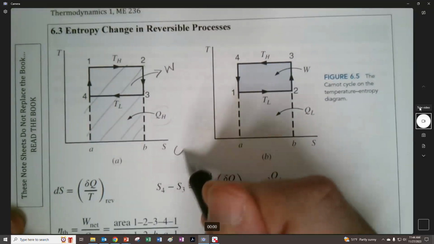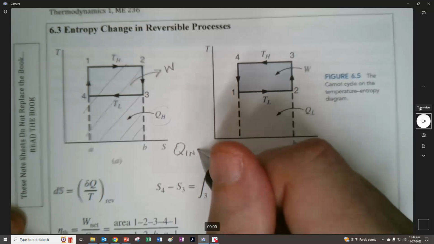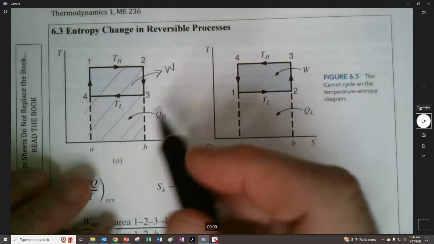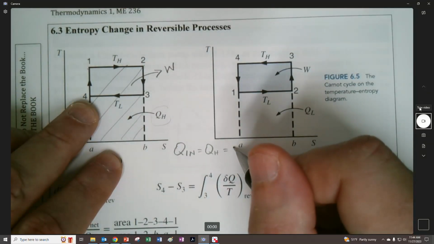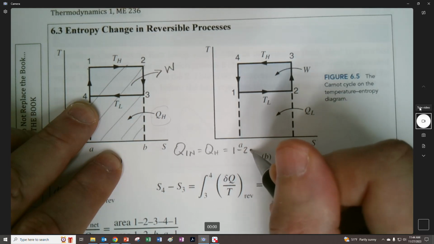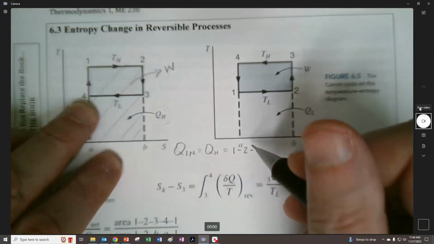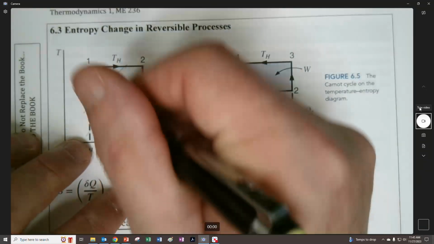So Q in, which is QH for us, is going to be equal to, let's start 1 to 2, because we want to get the area, and we're going to go 2 to B, all the way down, so the area underneath here.